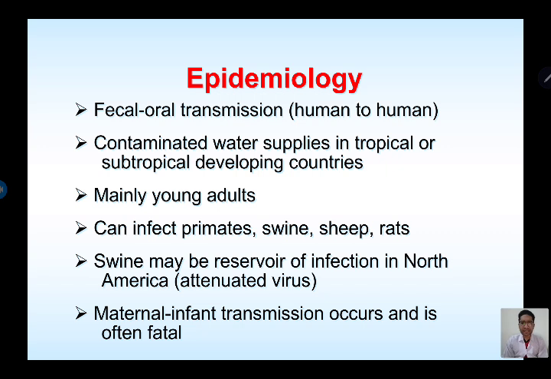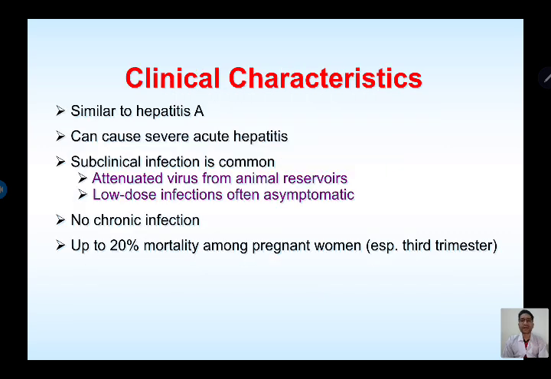Maternal infant transmission occurs and it's often similar to hepatitis A, can cause severe acute hepatitis. Subclinical infection is common. No chronic infection. Up to 20% mortality among the pregnant women, especially in the third trimester.